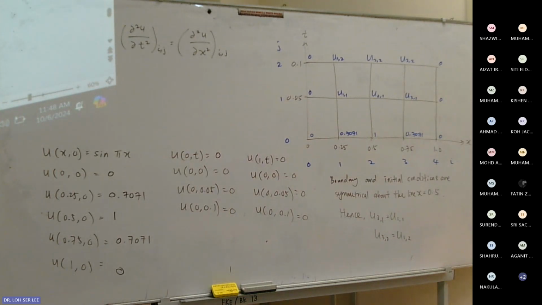Discretize your PDE, then find the formulas from the list, from the central difference formula. Okay. So we use these two formulas.